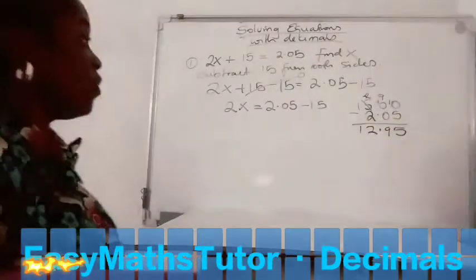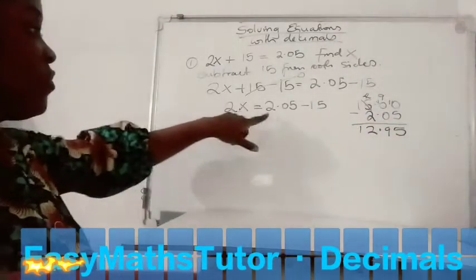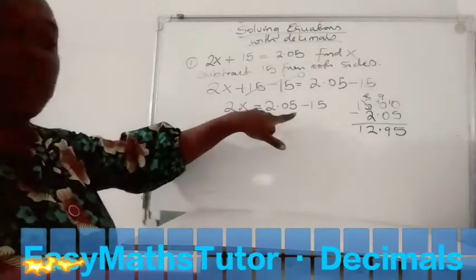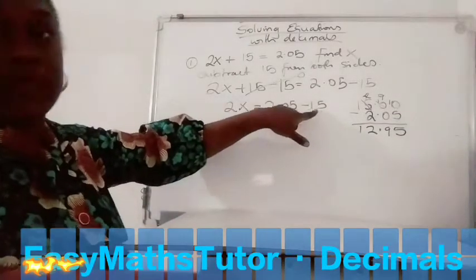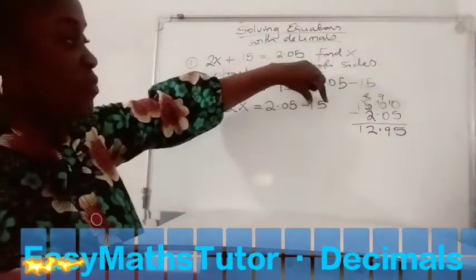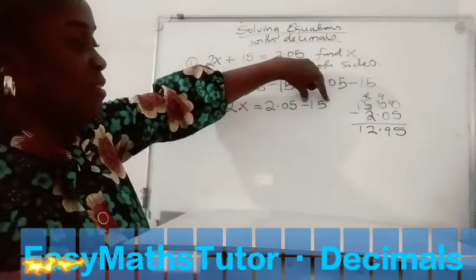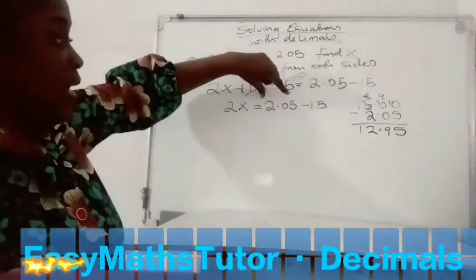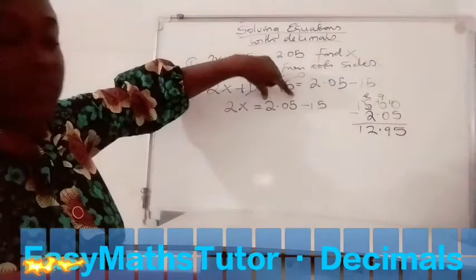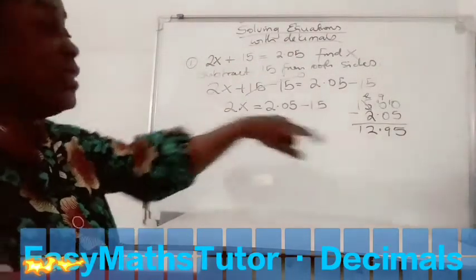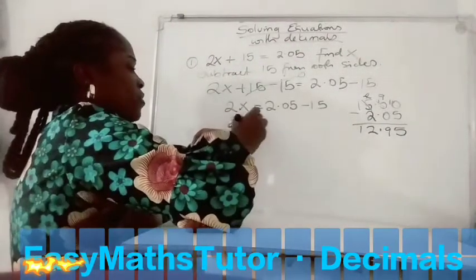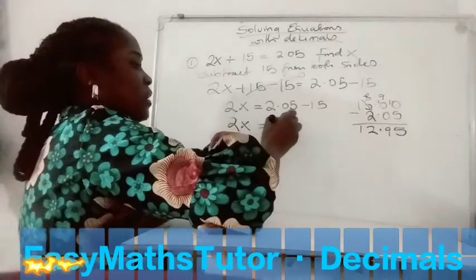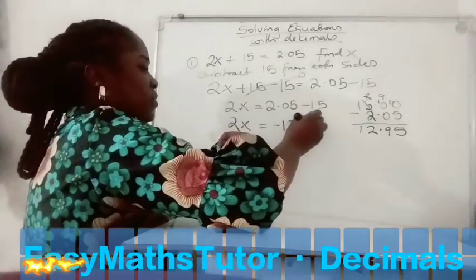Okay? So remember that it's supposed to be 2.05 minus 15. That means 15 is greater, the negative part is greater in value than the positive part. So the answer will be in negative. So we'll have 2x is equal to minus 12.95.